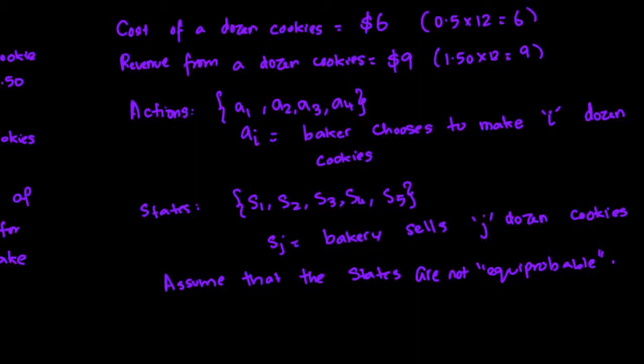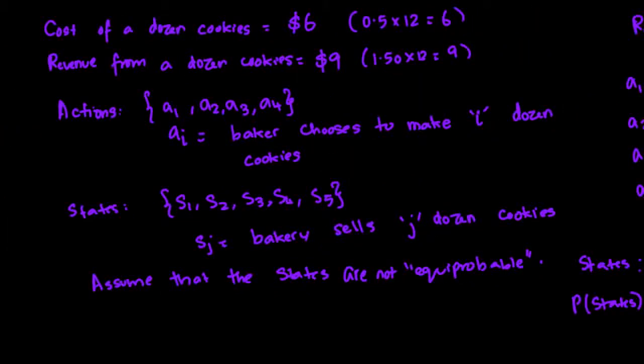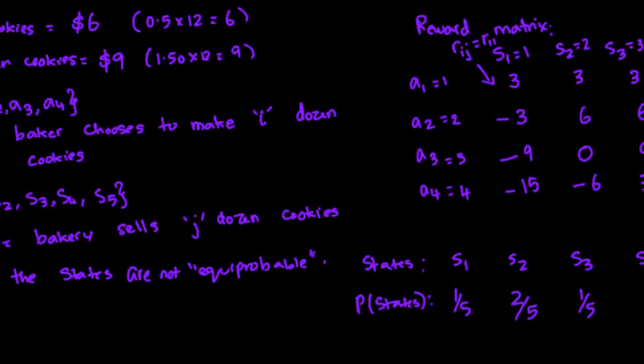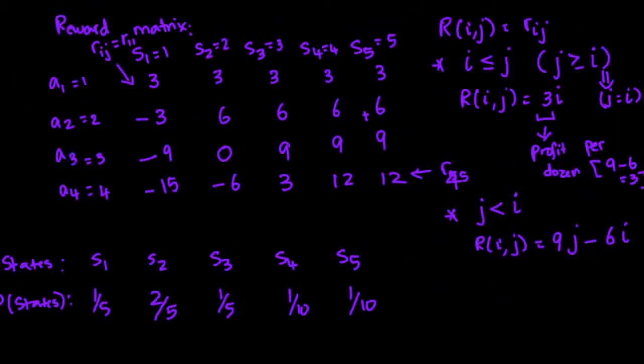But the problem here is, if they are not equiprobable, then I have to state the probabilities of each of those states. Now, if they are equally likely, then every state, state 1 through state 5, would happen with a chance of 1/5, which is a 20% chance of happening. So we have to define the distribution of these states, and right here I'm defining the probability distribution of the states.